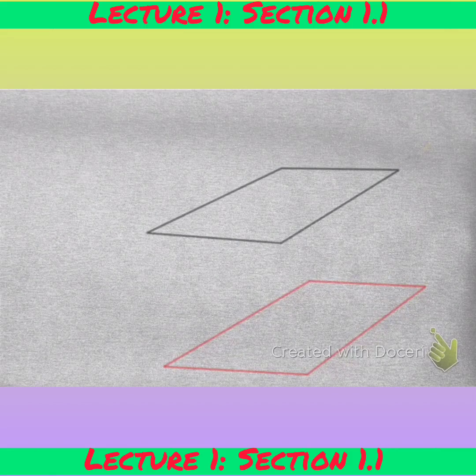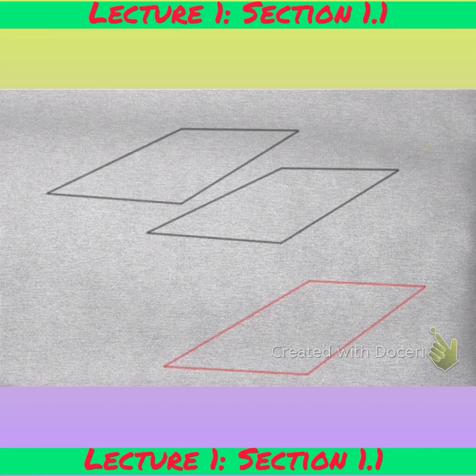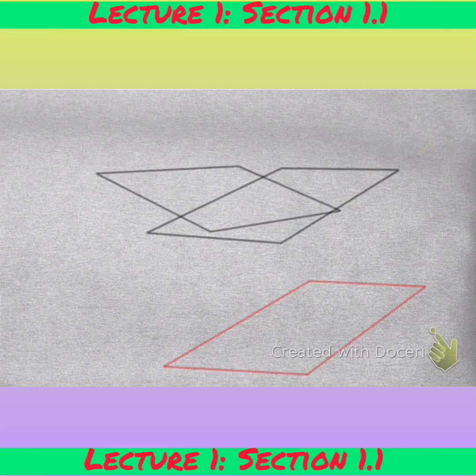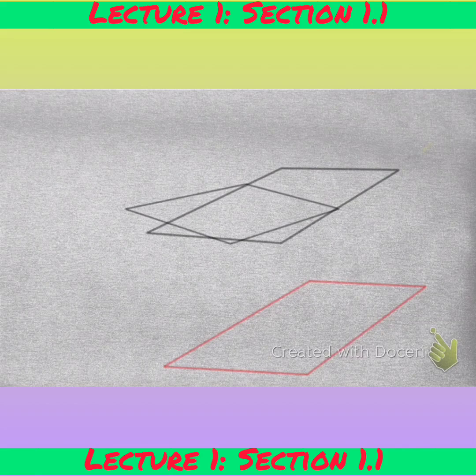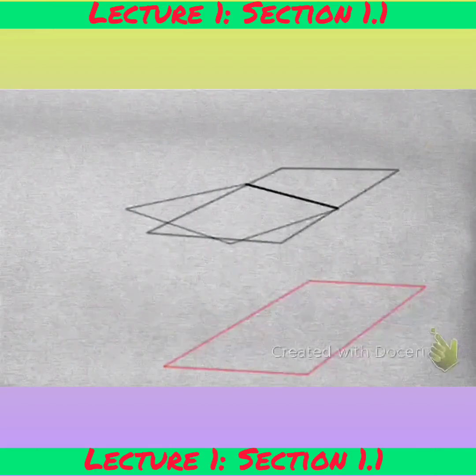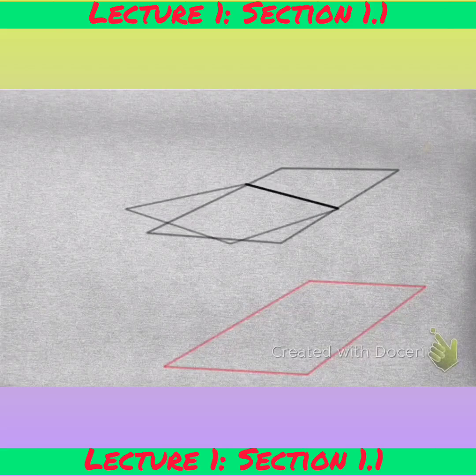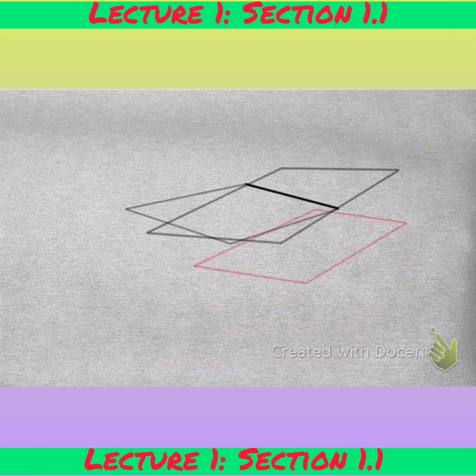Let's take 3 planes, and a linear system where the first 2 planes intersect in that straight line there. I'm drawing the line of intersection there. Then the third plane has the intersection in that line there.